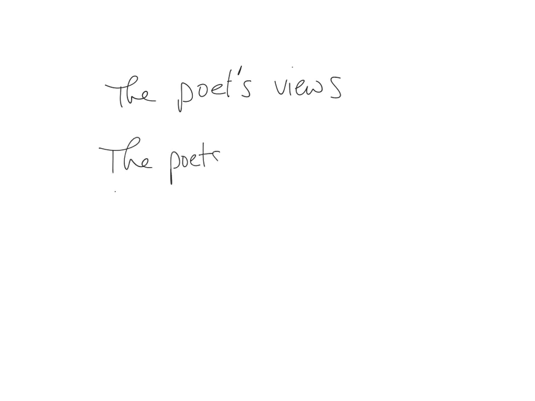So if you think about the poet's views, and there's only one poet, the views of the poet. If you think about the poets' views, and you're comparing, because there's more than one poet, the views of the poets.